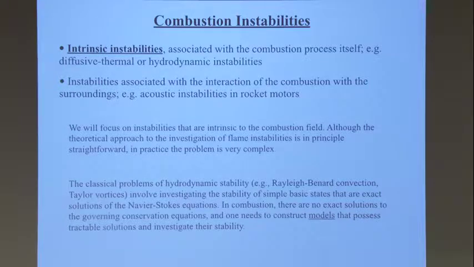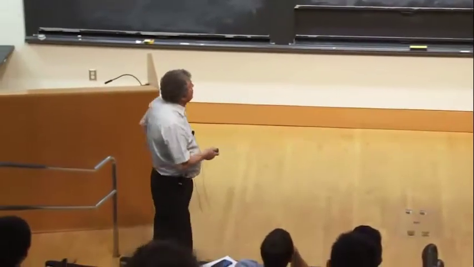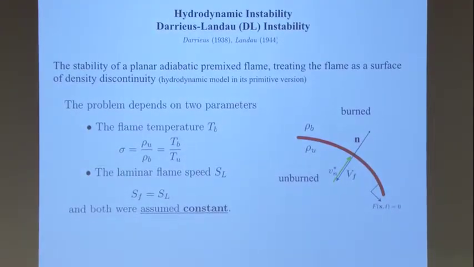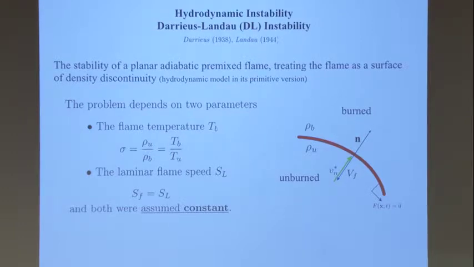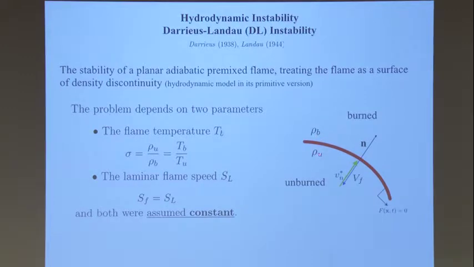Rayleigh-Bénard convection, for example, starts simply with a fluid layer with just conduction, and then you ask, if you perturb that, when is the onset of the convection cells? Now we are faced here with a rather difficult problem in combustion. The early work was by Darrieus and Landau, as I already mentioned yesterday, and they treated the flame as a discontinuity. Rho U and rho B are the two densities.